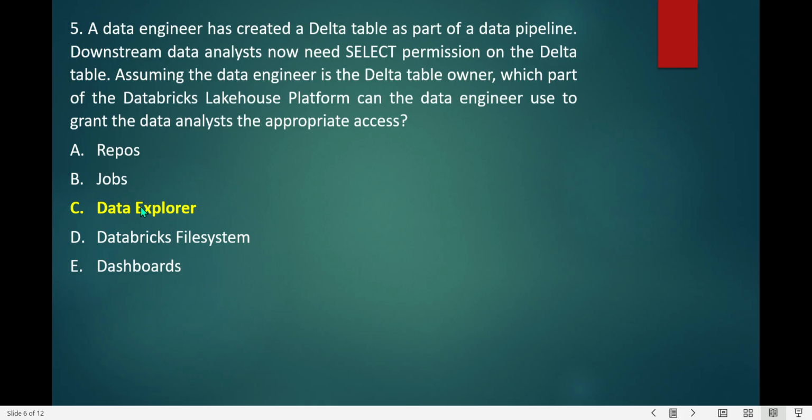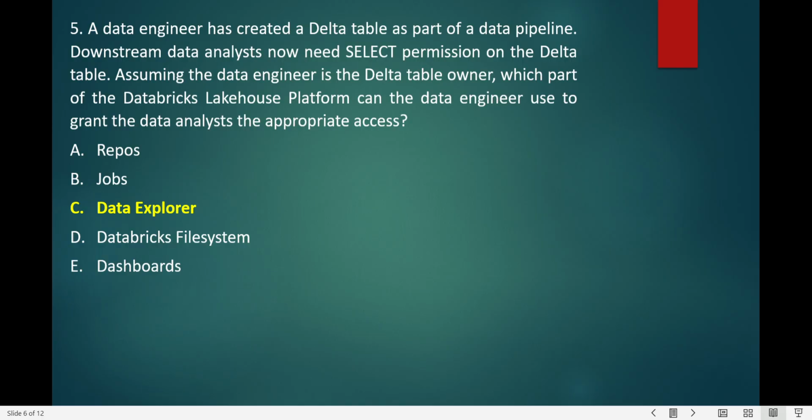Coming to Repos, Repos are for managing code and notebooks, similar to Git integration, so this is not used for access permission. Coming to Jobs, Jobs are for running scheduled notebooks or workflows, but not table level access. Databricks File System is used for file storage, not managing SQL table permission.